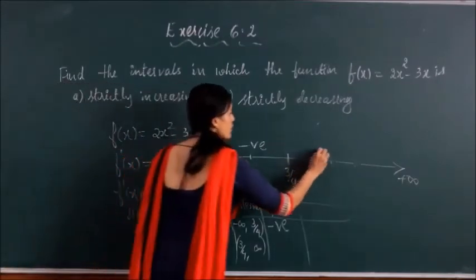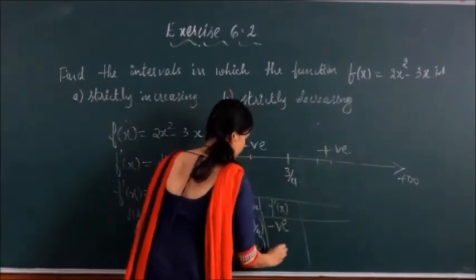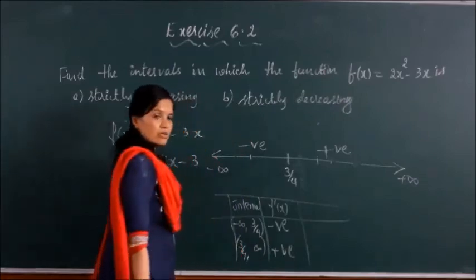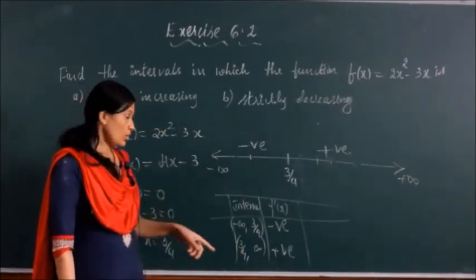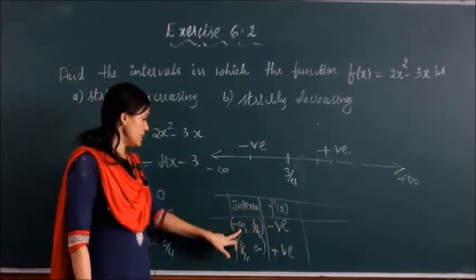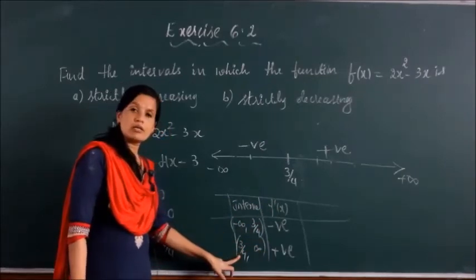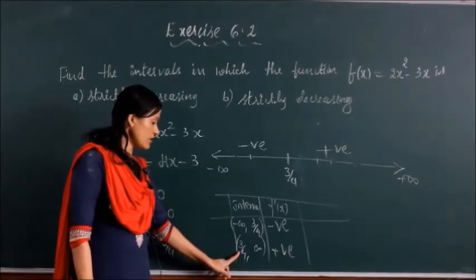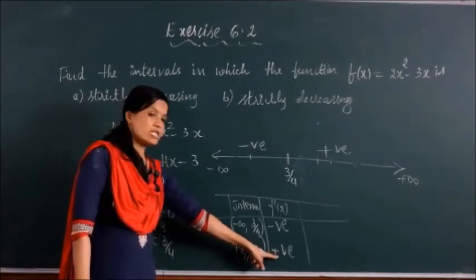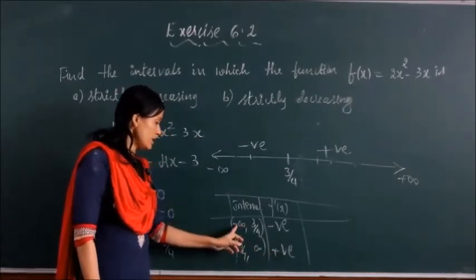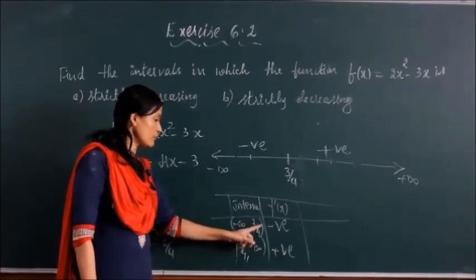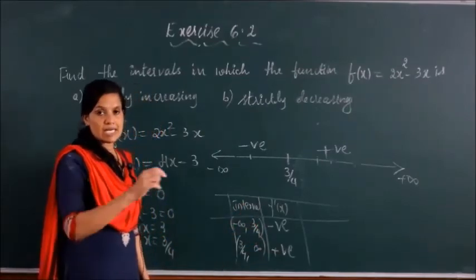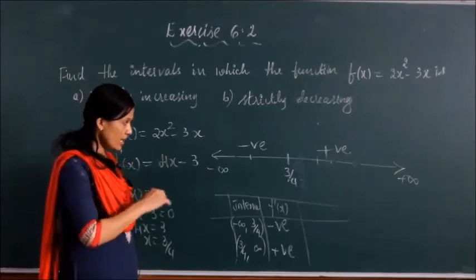So f dash of x is negative in one interval and positive in the other. In the open interval 3 by 4 to infinity, the function is strictly increasing, and in the interval minus infinity to 3 by 4, the function is strictly decreasing. That is your conclusion, and you have to write that conclusion.